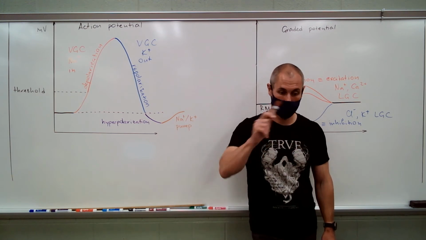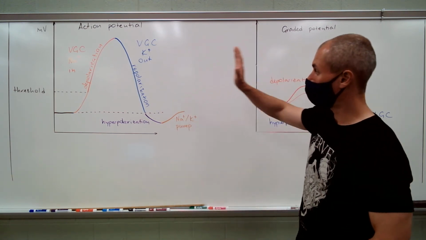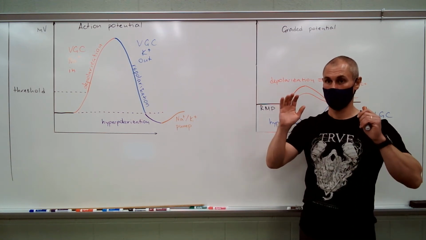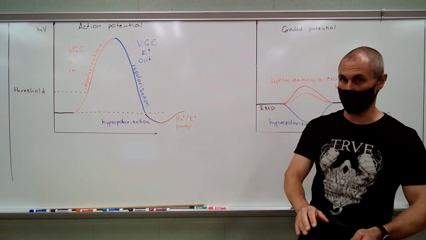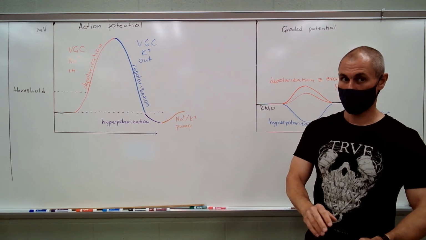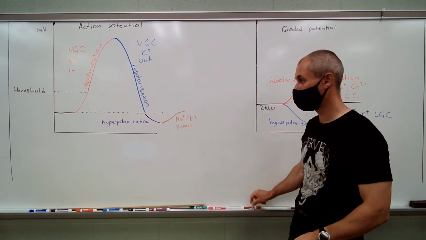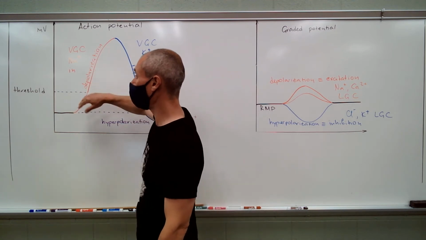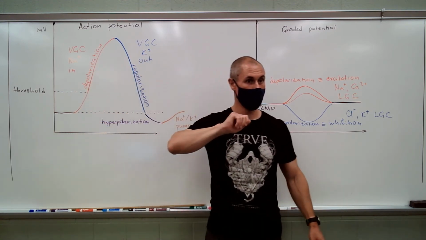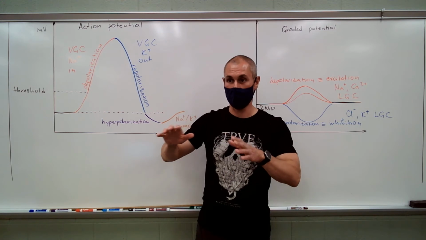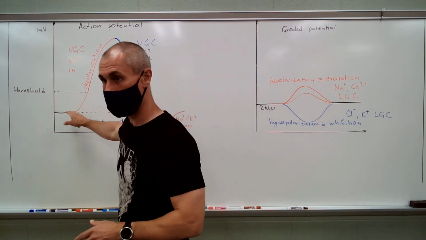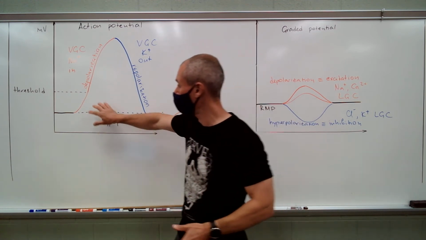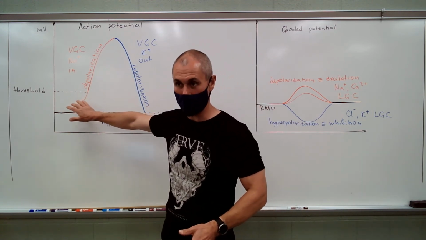So let me go through the whole process one more time, slowly, and then I'm going to give you an analogy, which actually makes a lot of sense. So for the depolarization, when an action potential is just formed, it's going to be ligand-gated channels.